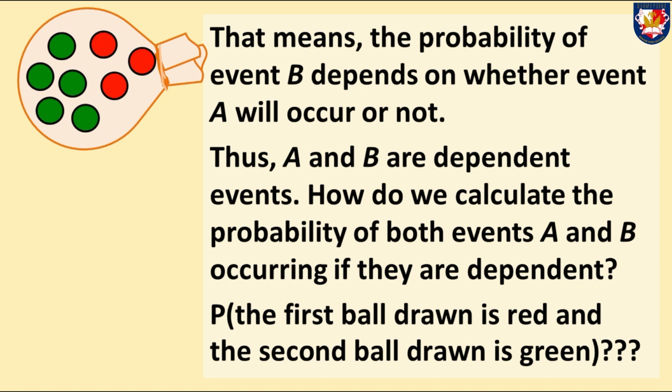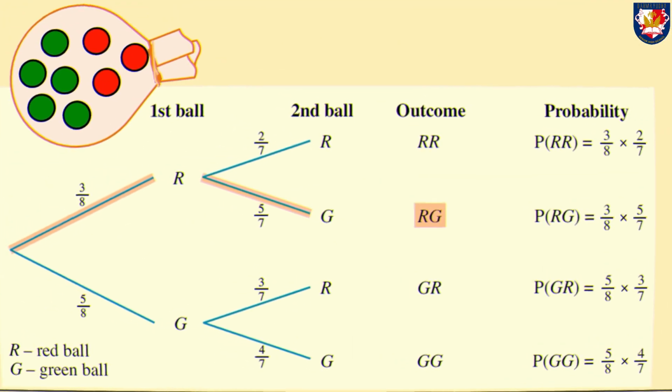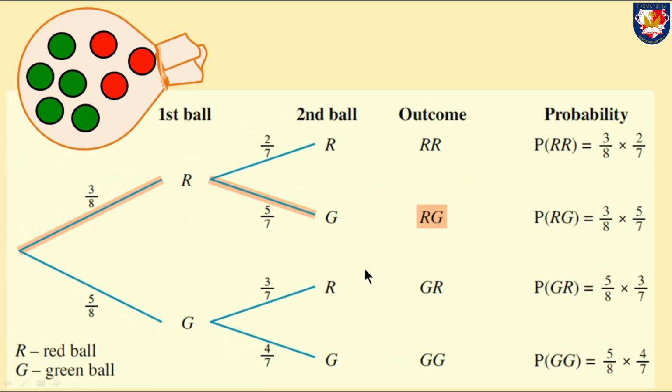How do we calculate the probability of both events A and B occurring if they are dependent? It means we find the probability that the first ball drawn is red and the second ball drawn is green. As usual, we make the tree diagram. So this is the tree diagram of this case without replacement.